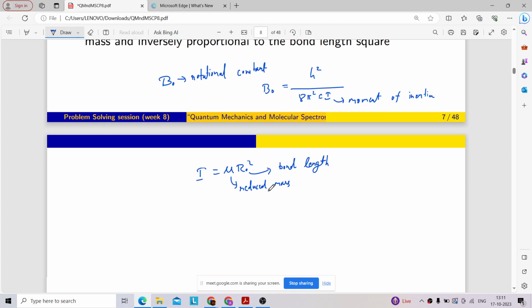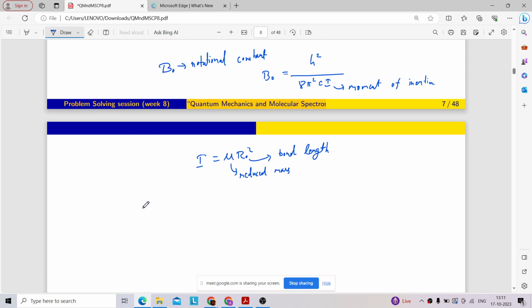Now substituting this in the above equation, B naught will be h square over 8 pi square c mu r naught square.